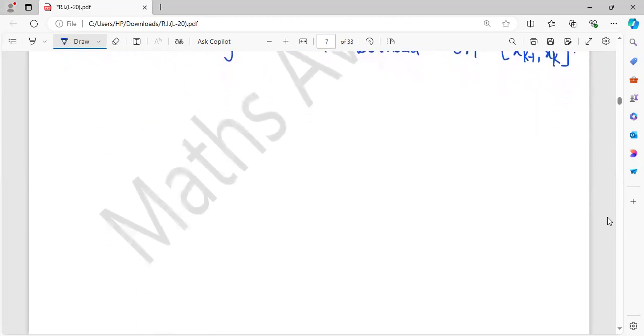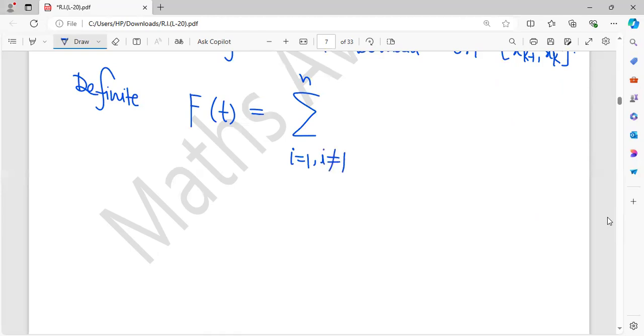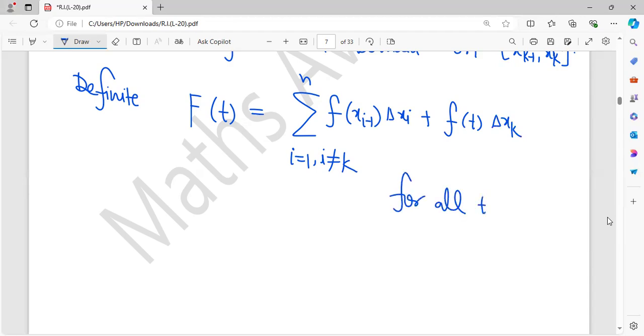Now, so we write, define Fp equal to the summation i goes from 1 to n, i not equal to k, of f(xi-1) delta xi, and we define Ft plus f(t) delta xk for all t belongs to [xk-1, xk].